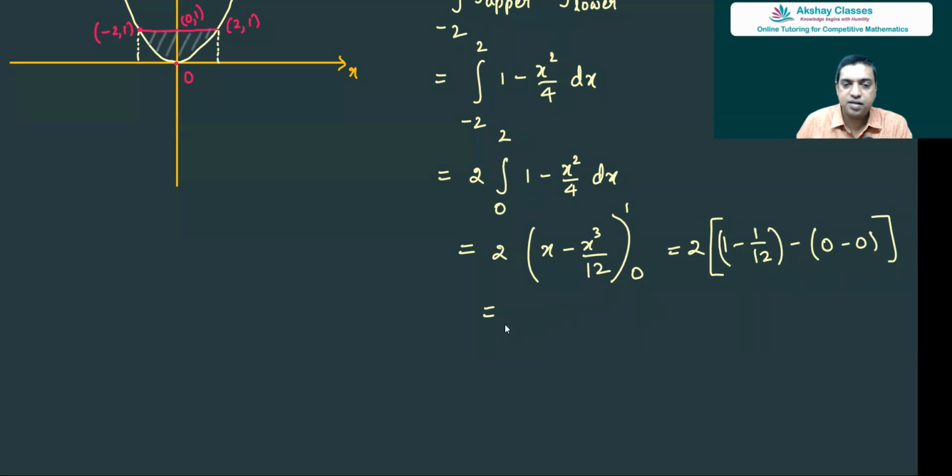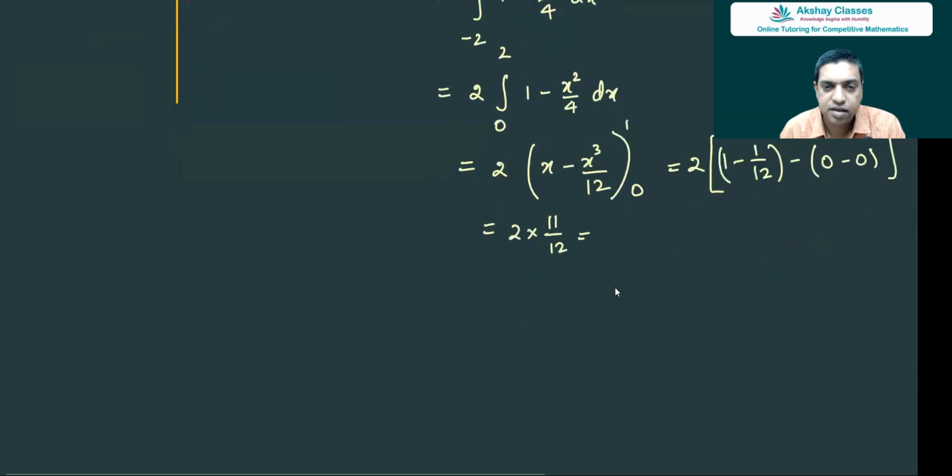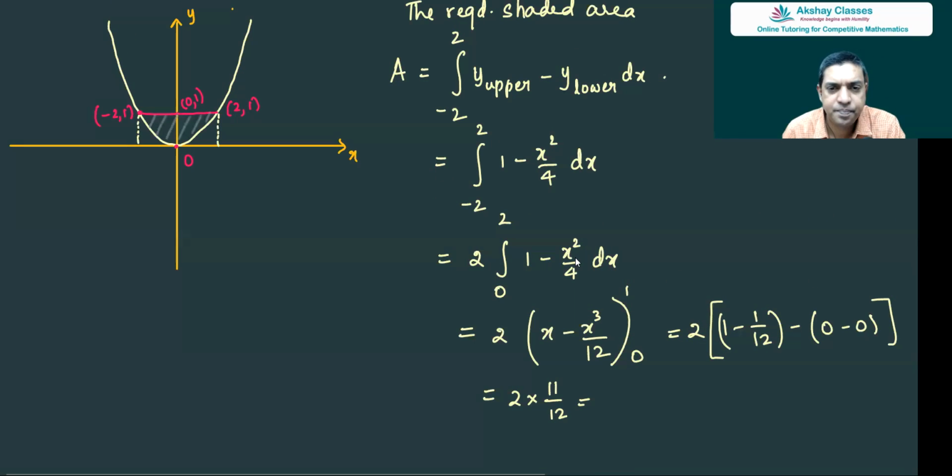So we get 2 into 11 upon 12. If a equal to 1, you have to get 8 upon 3. Somewhere I've made a mistake.